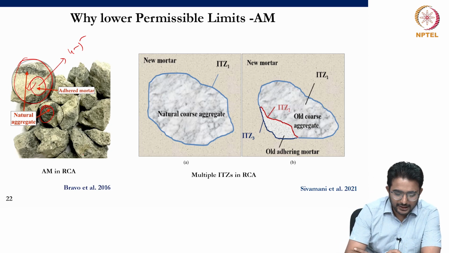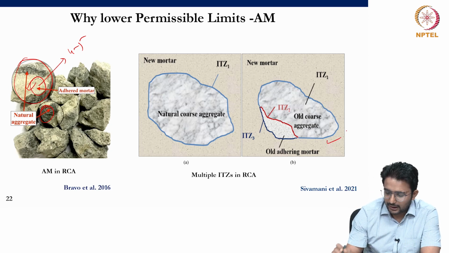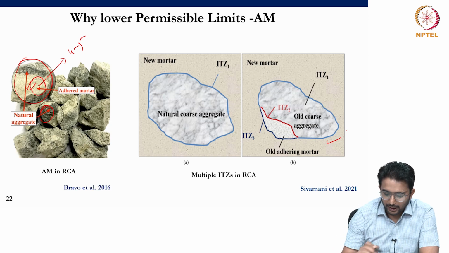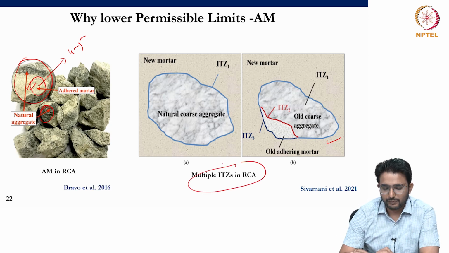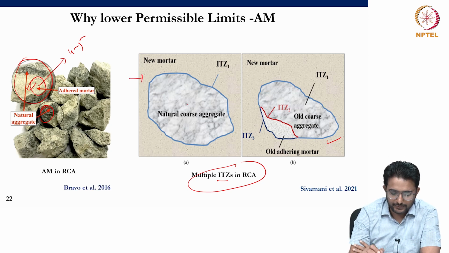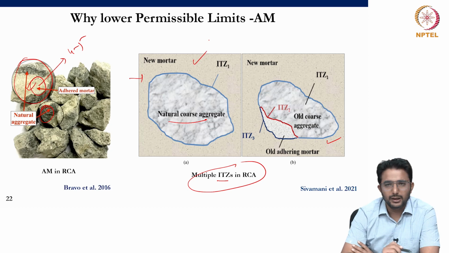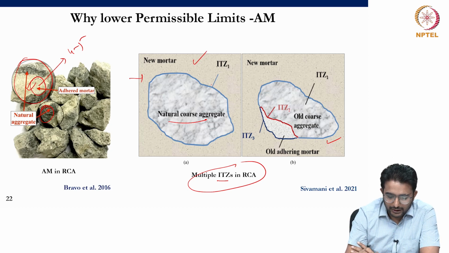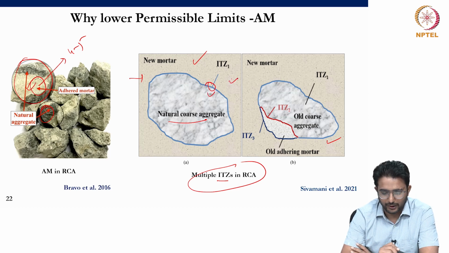So if we use this recycled concrete aggregate in the new concrete system, what will happen? Multiple ITZs will be formed. So what is this ITZ? It is the interfacial transition zone. Let's see what happens in a conventional concrete. We have a natural aggregate, and there is a mortar system around the aggregates. So there will be only one interfacial transition zone, between the aggregate and the mortar.